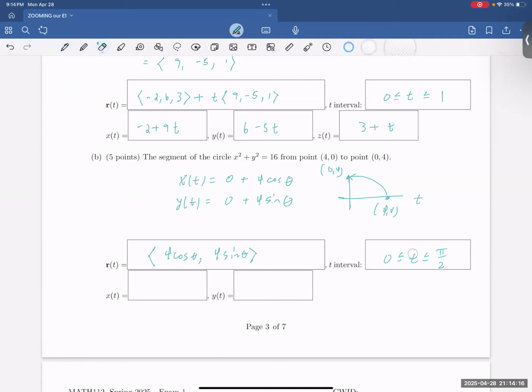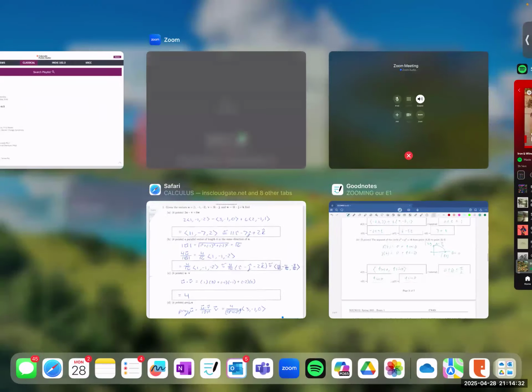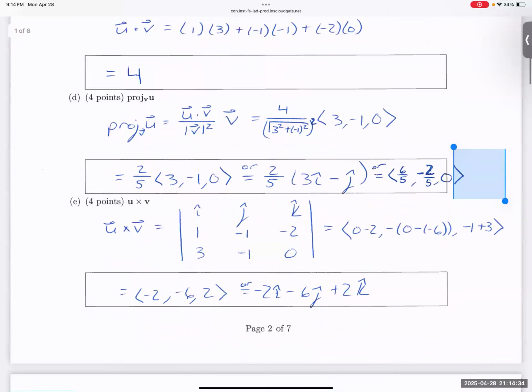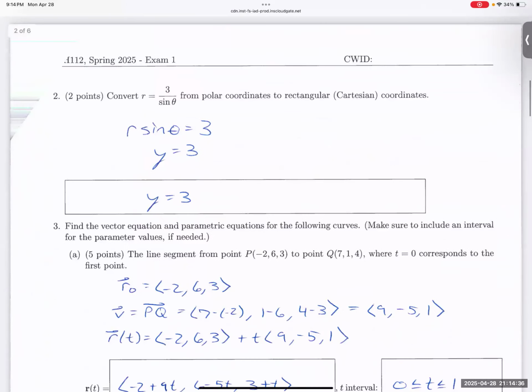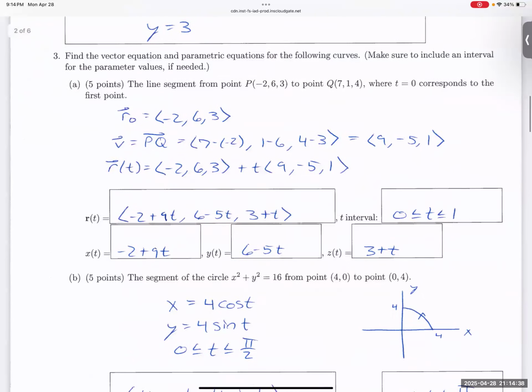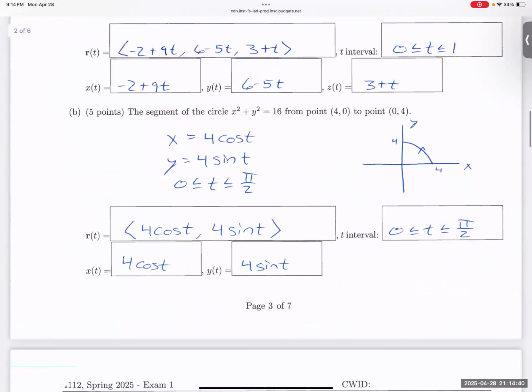No, I need to correct that to theta. Theta is 0, theta is pi halves. The x piece is 4 cosine theta, y piece 4 sine theta. I think that's right. I'm going to check real quick. Let's see. Yeah, that works.